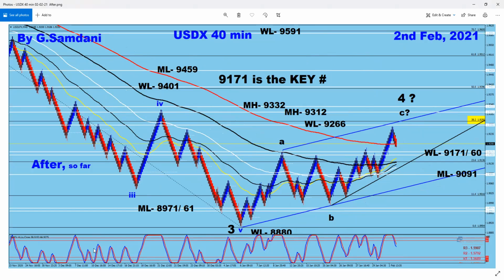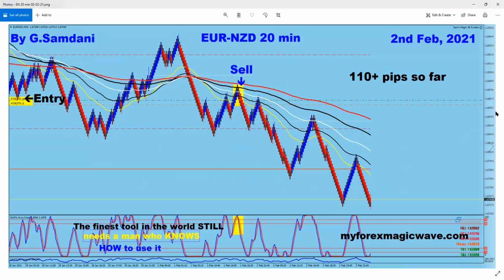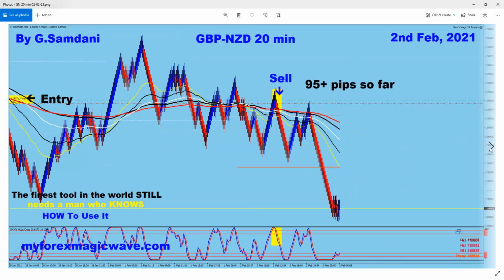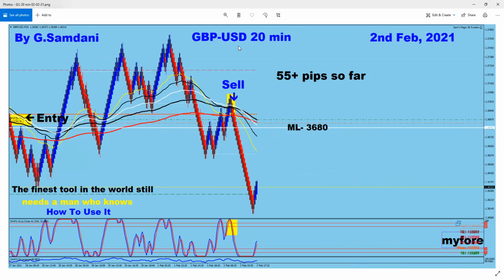Now the bigger picture, the higher time frame, is one thing, but you have to have a system to make an entry. For example, let me show you what happened to pound USD yesterday. Look, this is the one. Beautiful entry here.